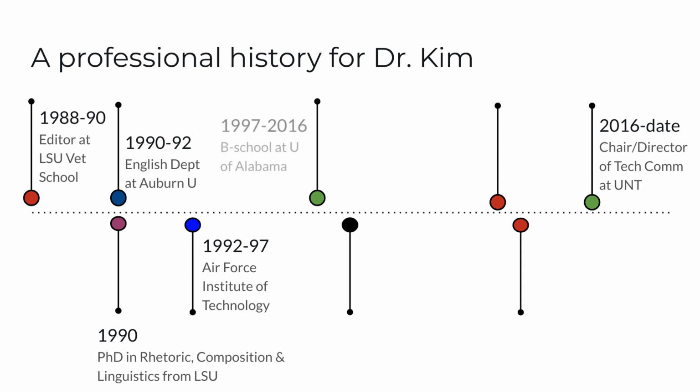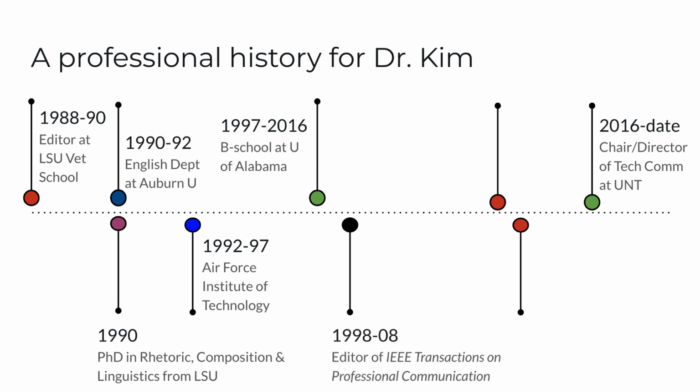Then, in 1997, I joined the business school at the University of Alabama, where I stayed for 19 years. During that time, I also served as editor of the IEEE Transactions on Professional Communication for more than 10 years, and at Bama, I also held some administrative positions.